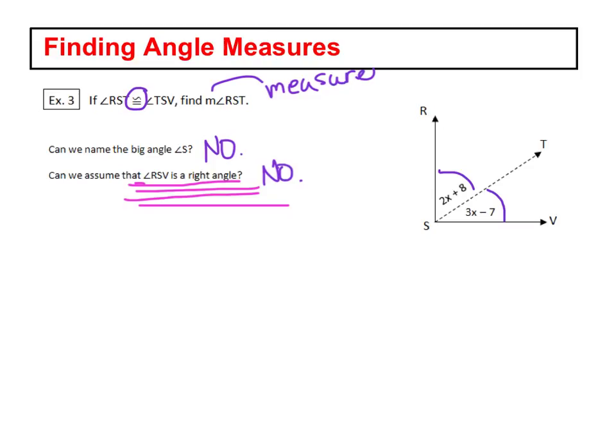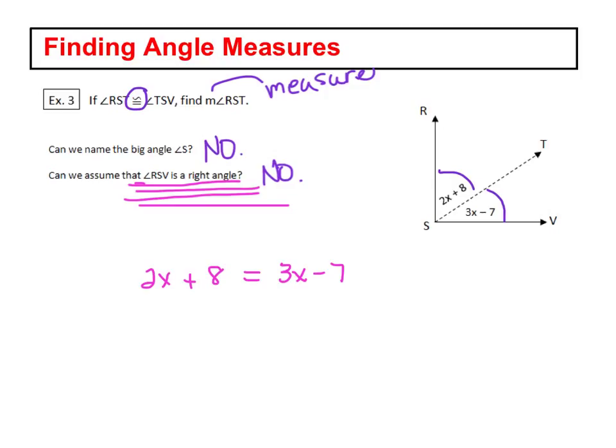That means that those two angles have the same angle measure. So this is where it gets fun because we get to do a little bit of math. If those two angles have the same measure, then we can go ahead. So the first angle has a measure of 2x plus 8. We can set it equal to the other measure of 3x minus 7. And now we have a nice little equation to solve.